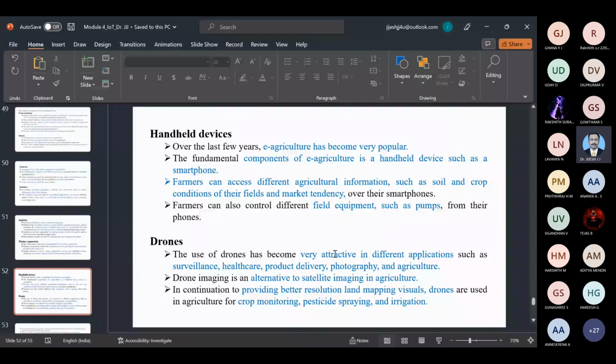Farmers can access different agricultural information such as soil and crop conditions, and market trends, market strategy, market process, and they can control field equipment such as pumps. He can switch on the devices at any point of time.